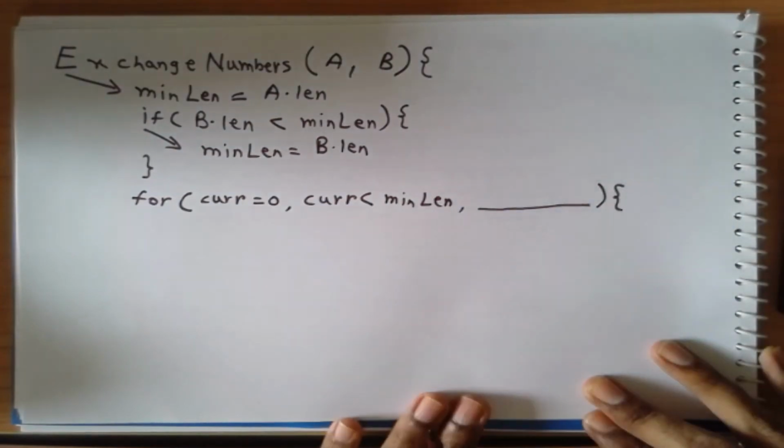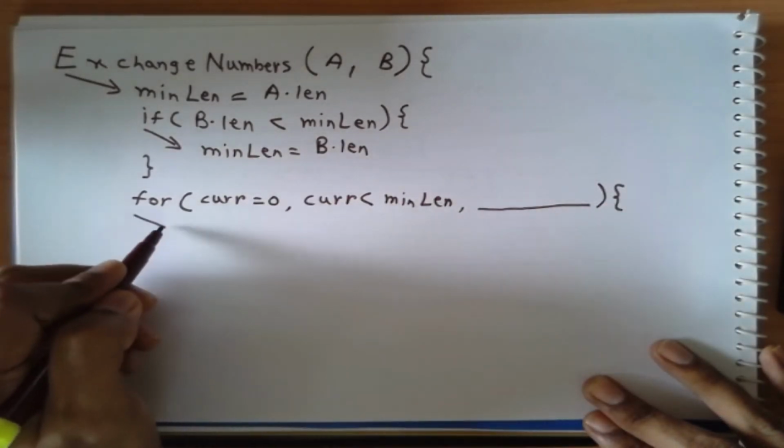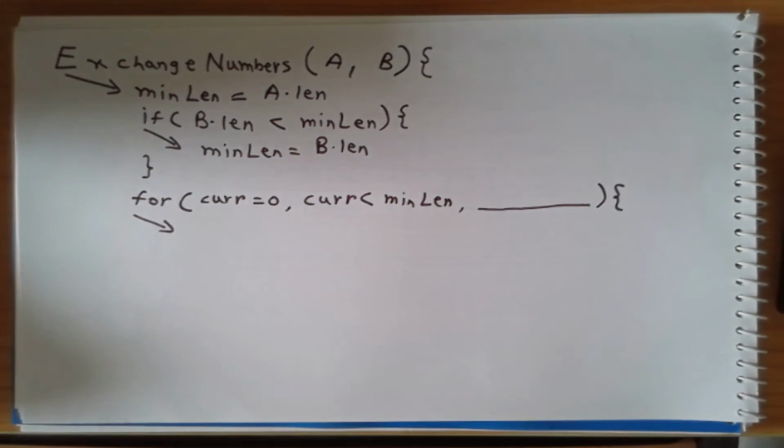Now I have my opening braces. I'm going to move one tab inside. And what will I do? Well, I will access a particular element of A and shift it into B. But for shifting, I would need a temporary place to hold those numbers.